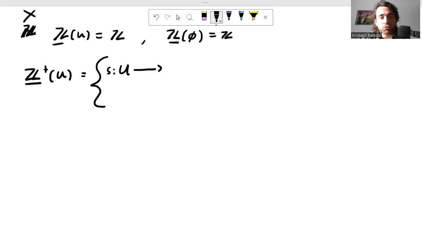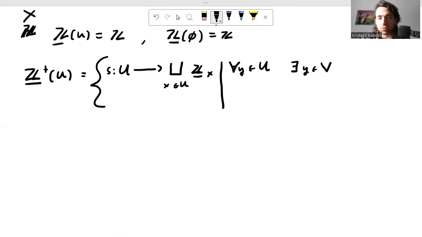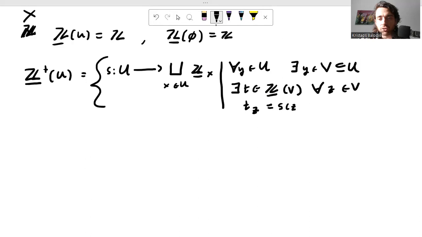And it's a ring of functions from U into the disjoint union over all the stalks as z runs over U, subject to the condition that for any of the points in U, we should be able to sandwich some open set V between said point and U in such a way that there exists a section of our presheaf over V where for every point in V, the stalk of the section T should be equal to S evaluated at z, right?